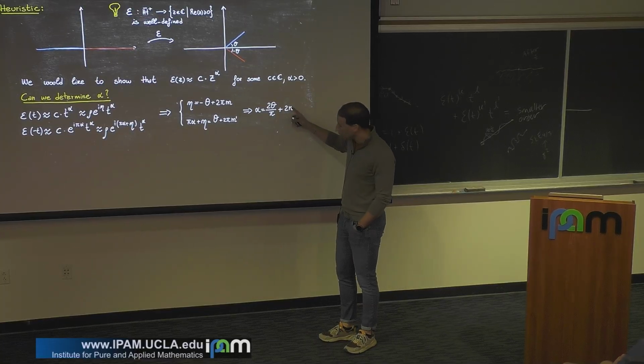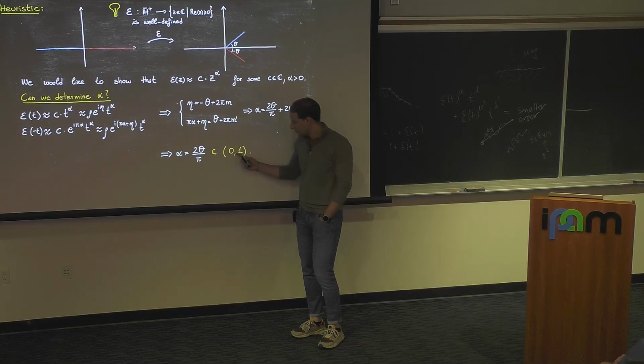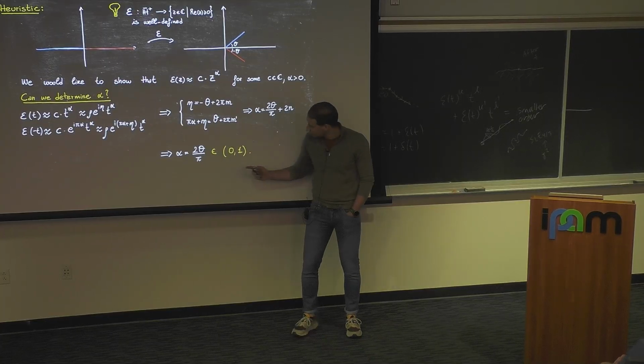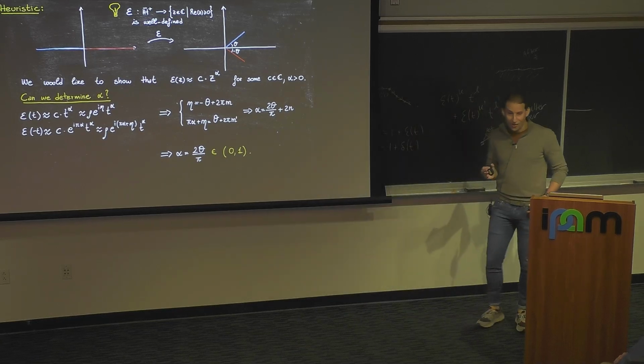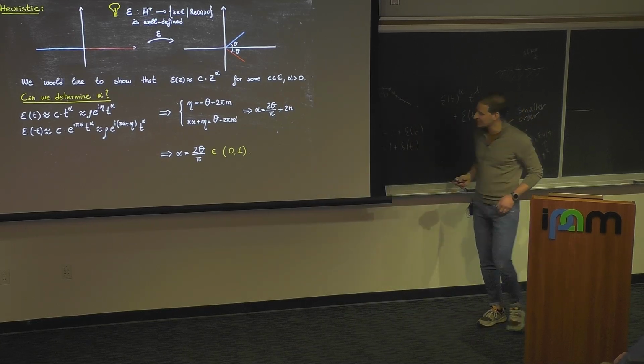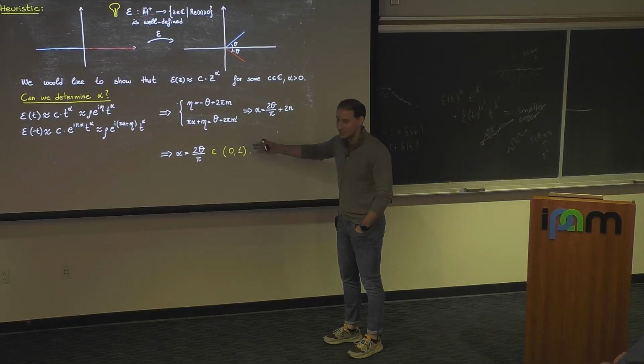And actually, it's not too hard to rule out the m, because a priori you can prove that the exponent should be between 0 and 1 with some argument. So we have now, at least heuristically, that only knowing the direction is enough to get what should be the value. And actually, let me claim this is the exact value.